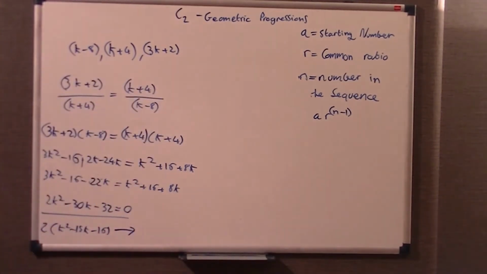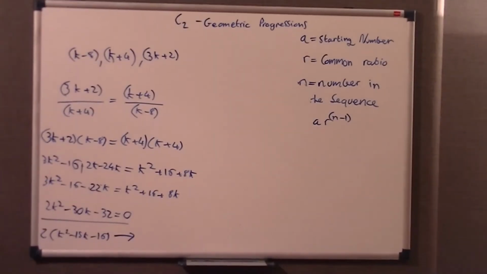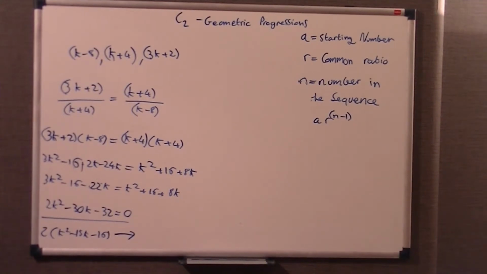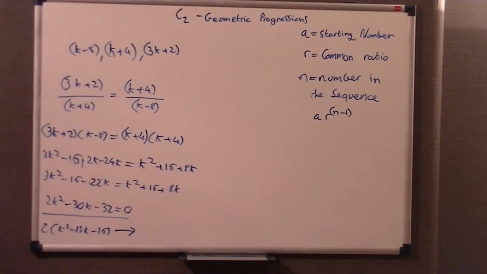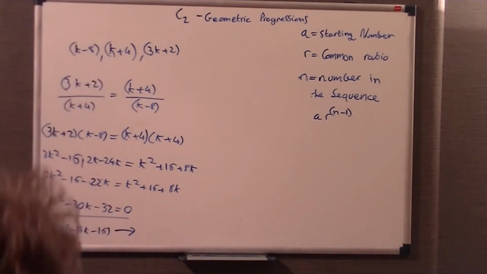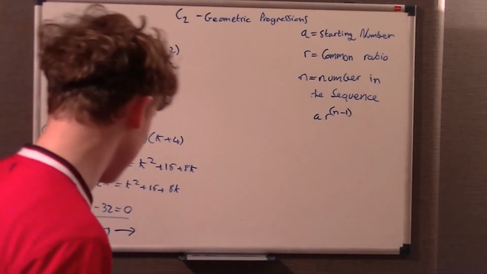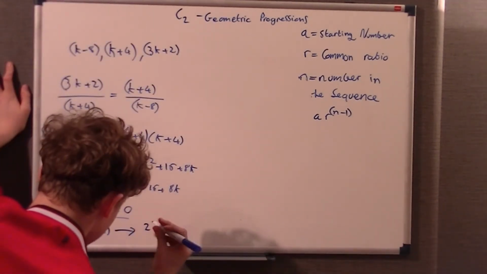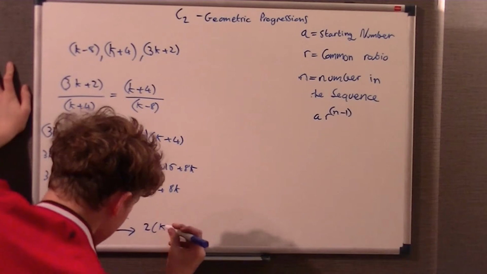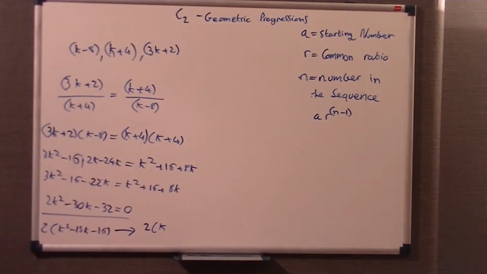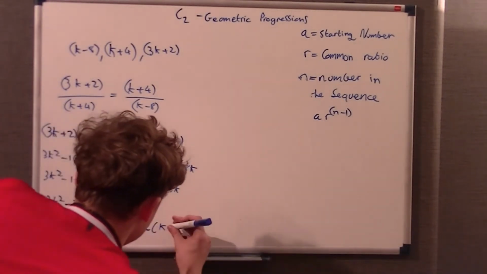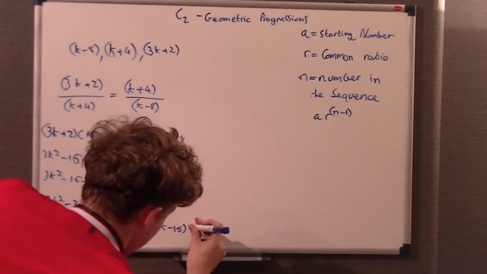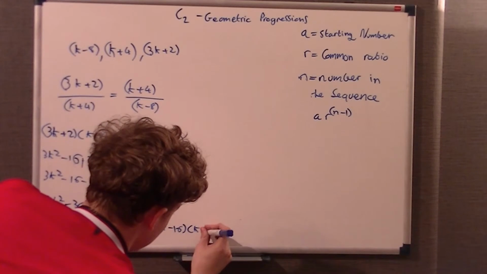Sorry, just give me a minute. Sorry about that. Now we divided it by 2, so what we can do is see if we can factorise that. We can. So k take 16 and k plus 1.